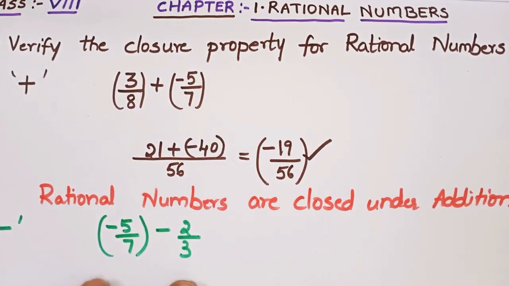These two are the rational numbers I want to take to verify my closure property under subtraction. Now let me check. If this answer is a rational number, I can say that rational numbers are closed under subtraction.